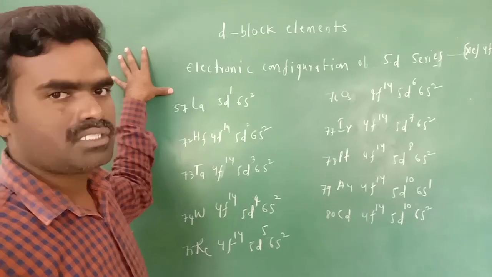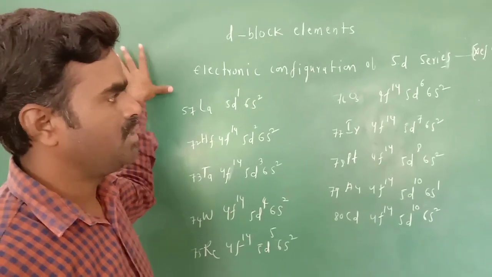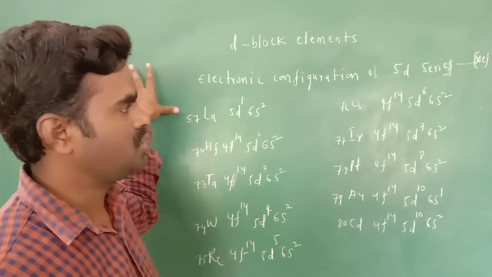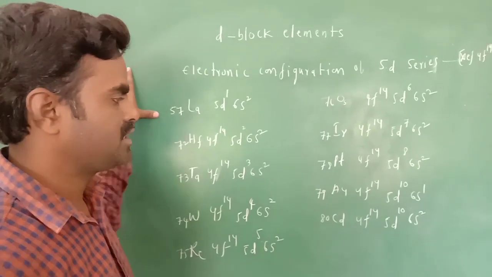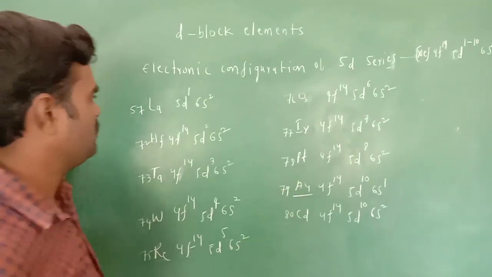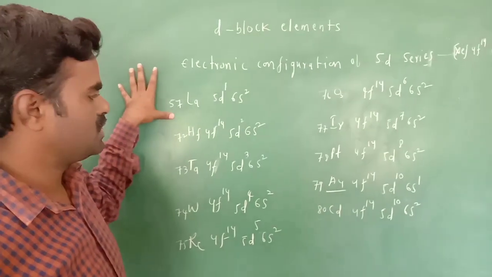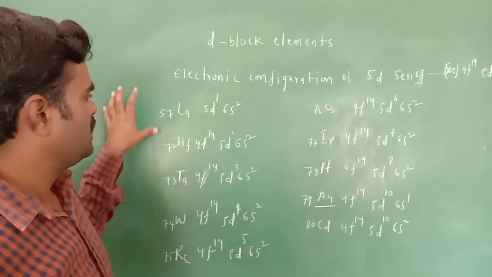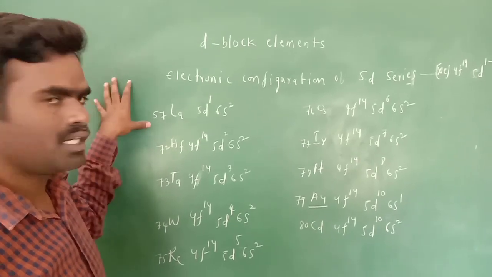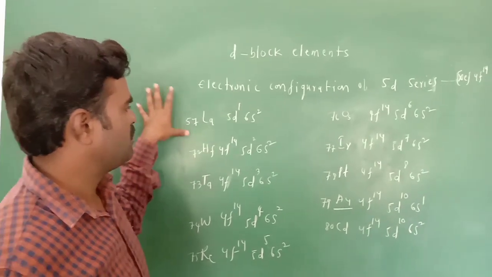Compared with the 4d series, the 5d series elements show the general electron configuration. There is no exceptional electron configuration except platinum. The 5d series has 10 elements from lanthanum 57 to mercury 80. In between lanthanum and hafnium, 14 elements are there. Lanthanum's atomic number is 57.